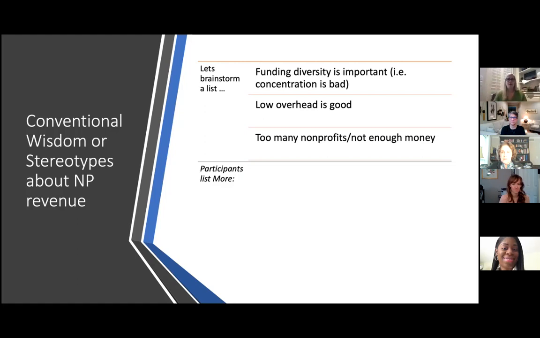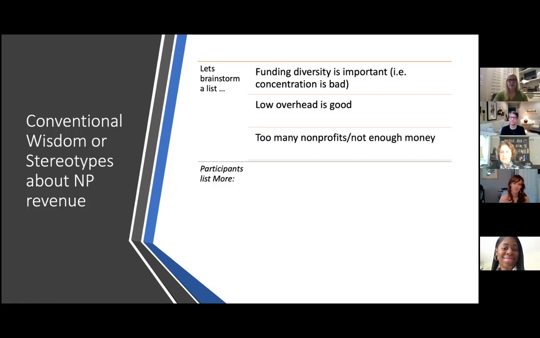Even if it's a diversified portfolio of government funding, too much government funding, bad, right? Another kind of stereotype, I'm just kicking us off here, is that low overhead is good. You really shouldn't invest money in things outside of programs. The majority of your money should go to programs and that kind of thing.